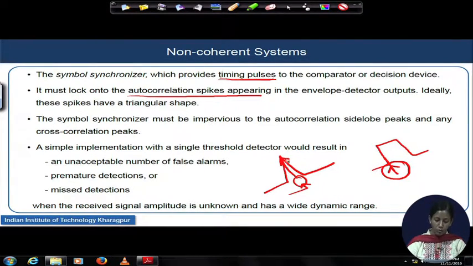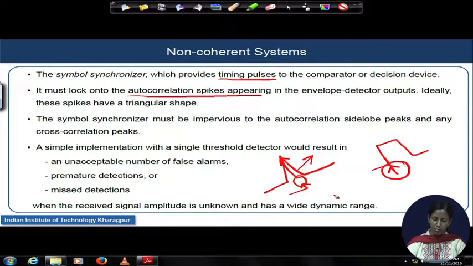Remember, the shape of this autocorrelation, as we have learned, depends heavily on the kind of code you are choosing. If it is a random binary sequence or an ML sequence, you can expect this kind of triangular shape at the output, and if the peak is sharp, your choice of locking or finding the perfect instant will be very easy.